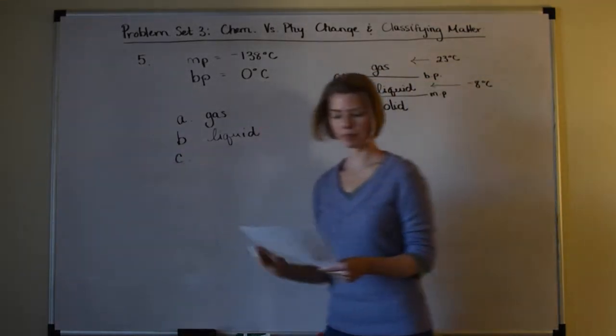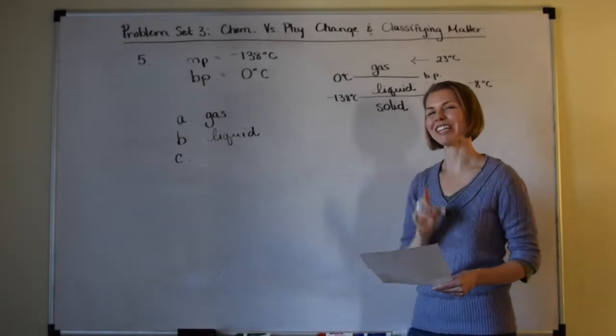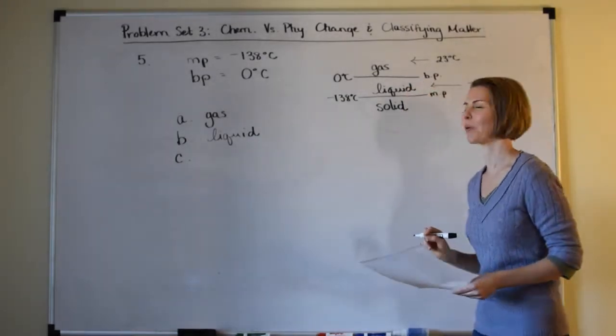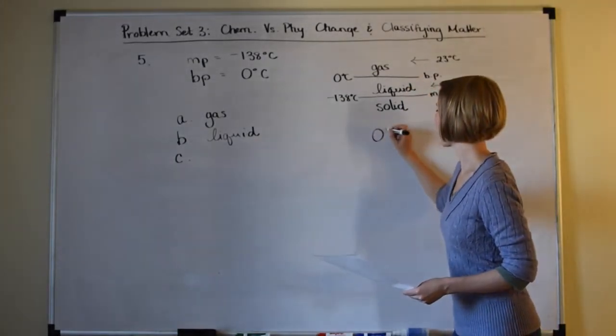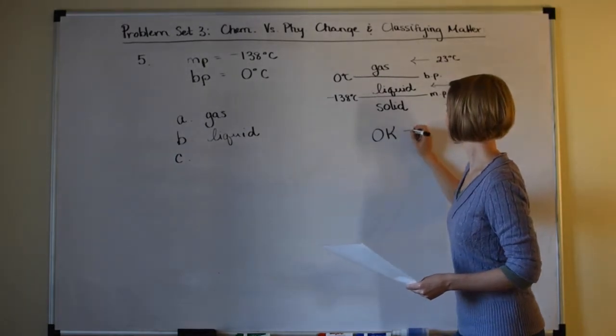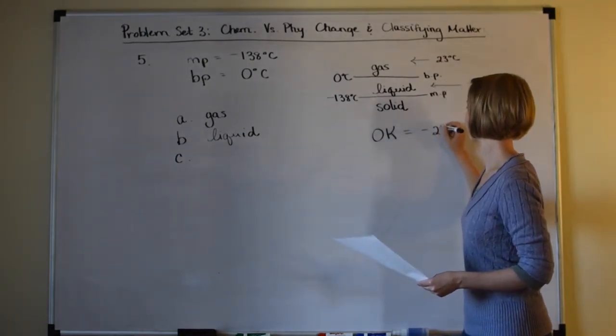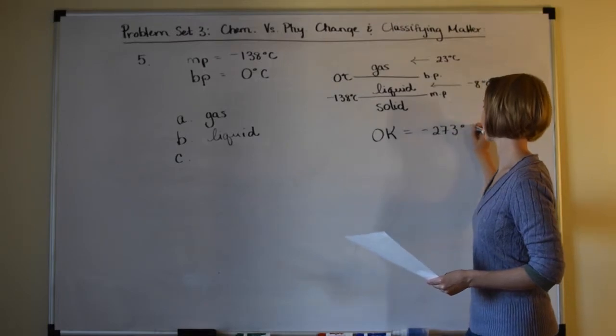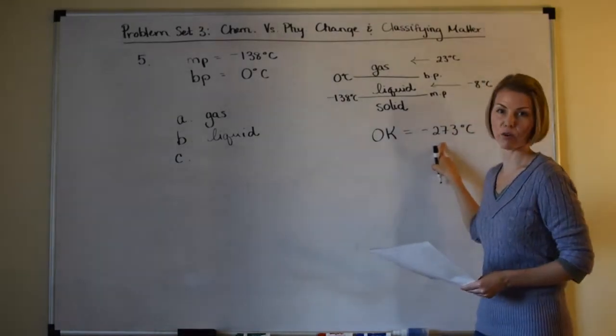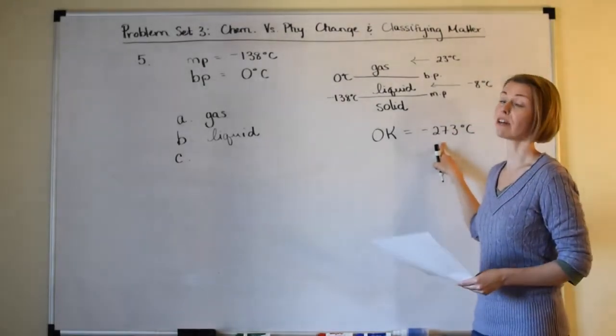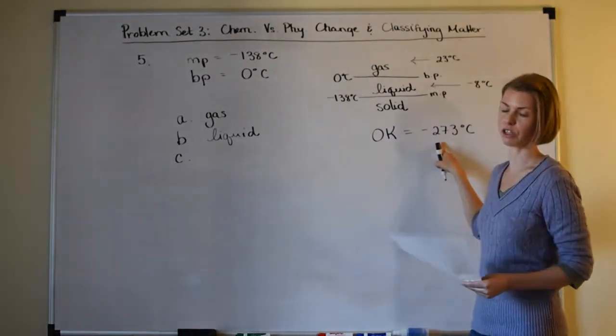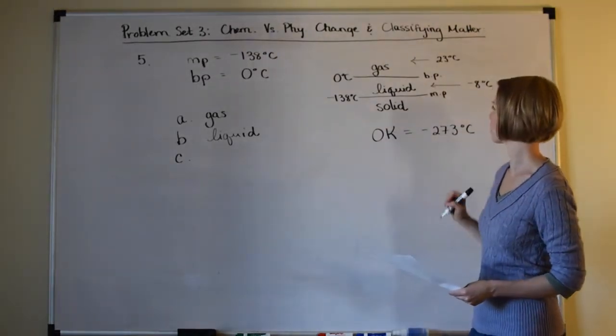And C, 0 Kelvin, a little tricky here, going back to tutorial number 1. 0 Kelvin is equal to negative 273 degrees Celsius, because remember, to find the corresponding temperature in degrees Celsius, you have to subtract out the 273. Okay, so negative 273.